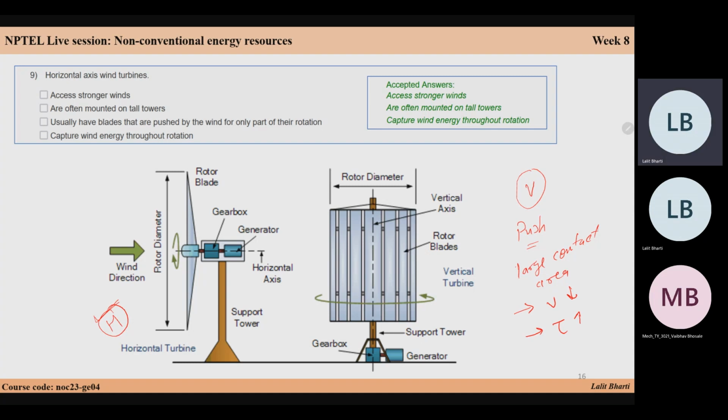That is why they can be mounted on towers or buildings. Whenever you see small scale wind turbines, these are mainly preferred as the vertical type wind turbines because their efficiencies are quite higher for the lower size.